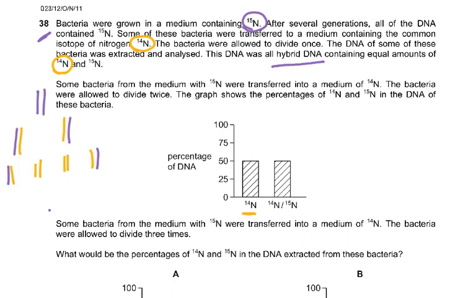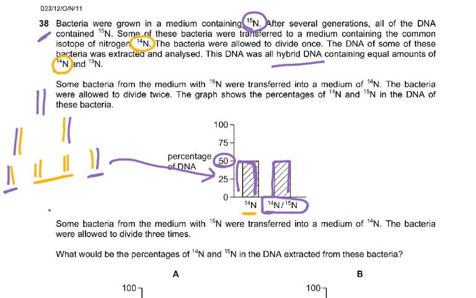As you can see in this diagram, first it was only N15, then we have a hybrid, and then we have two hybrid, and then we have the two light ones, the N14 ones. So these are the 50% N14 and the N14 15, this is the hybrid one. So 50%, this is this stage.